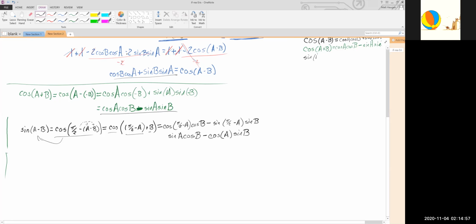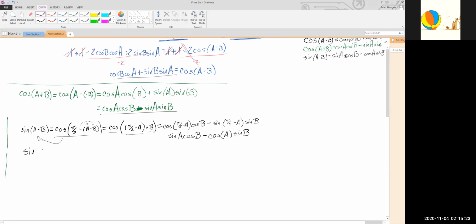The sine of a minus b is equal to the sine of a times the cosine of b minus the cosine of a times the sine of b. Notice for sine, the a minus b stays a subtraction.